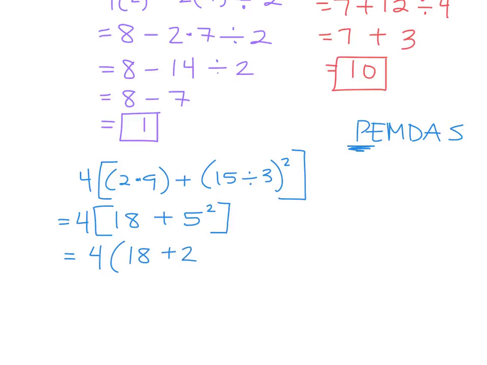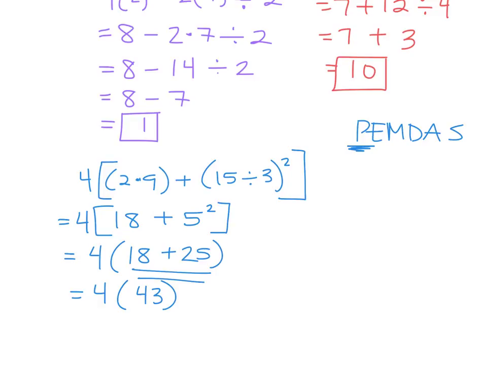So 18 plus 25, and then what do you do from there? You add, right? Because it's in the parentheses, you want to add. We're taking care of the parentheses first, right? So that's the P, but it's adding. So it's 4 times, what is that? 43.